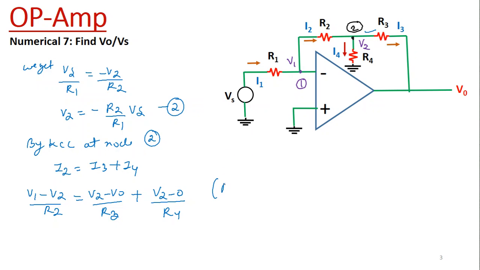Now we put V1 equal to 0 in this equation. We get minus V2 upon R2 is equal to V2 minus VO divided by R3 plus V2 by R4.